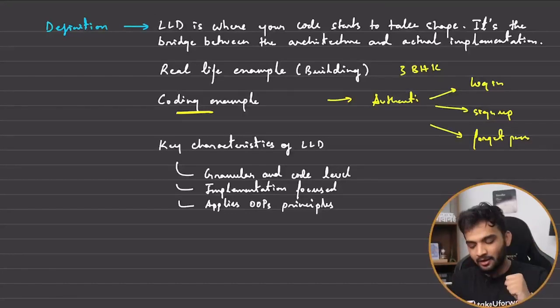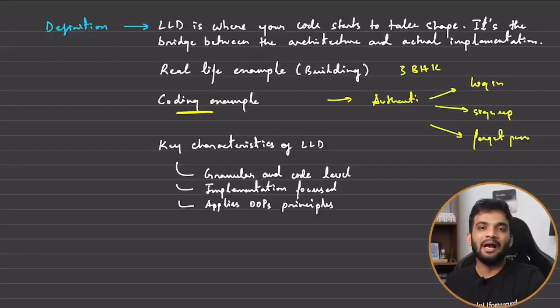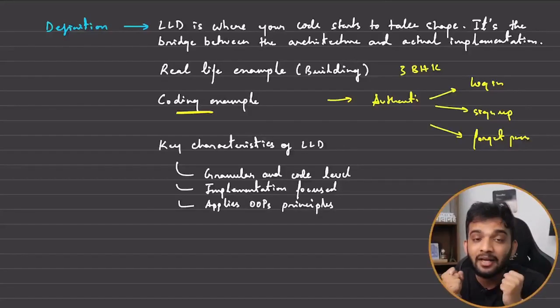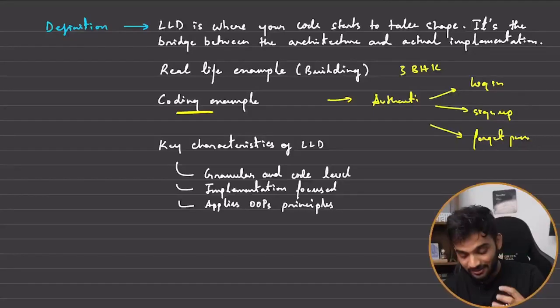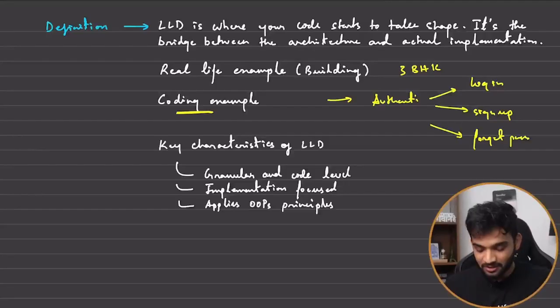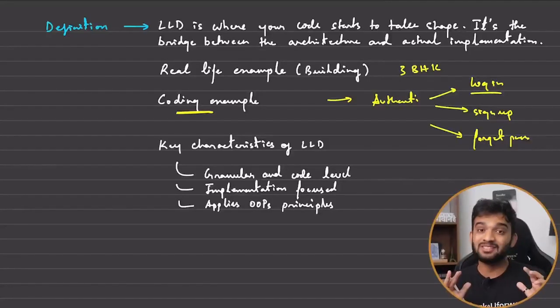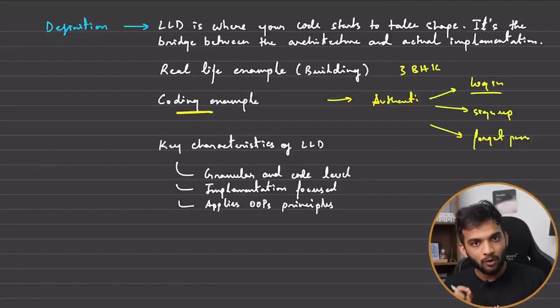So this is where you get into depth and you decide the classes, you decide the variables, and you decide every layer that you will be defining. And this is what we will be doing while we will be learning design principles. Again, this is a very surface level example. It's not necessary that you will have a login class. I'm just explaining you in terms of coding.